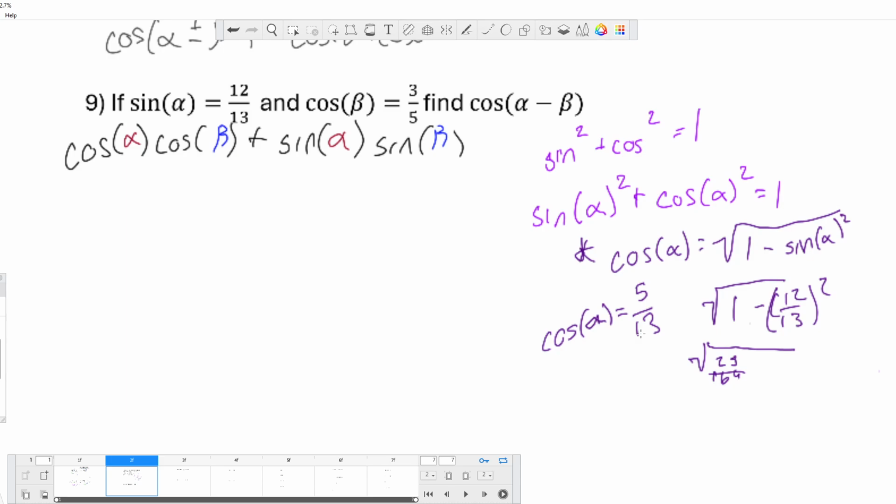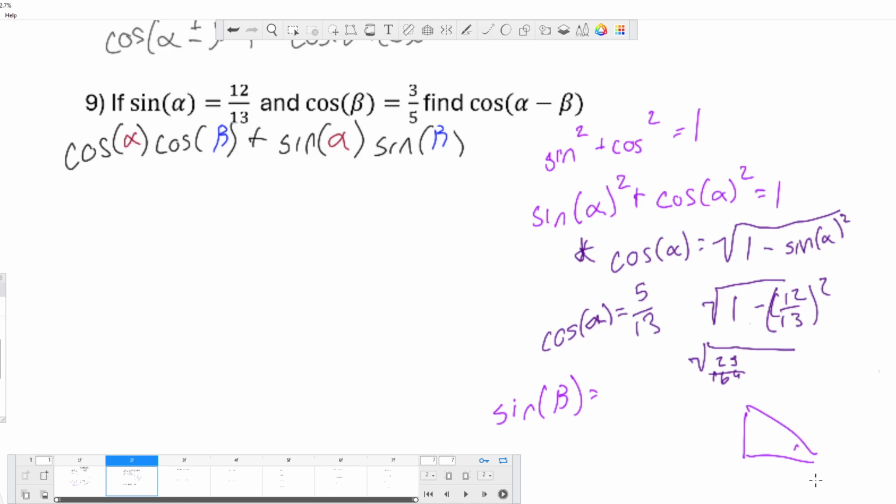Now, in retrospect, there might be an easier way to do that. Noticing that this is basically the sides of a triangle, we could probably save ourselves the headache and just use our knowledge of right triangles. So I would know that the corresponding sine of beta, if I have a triangle, what is cosine?